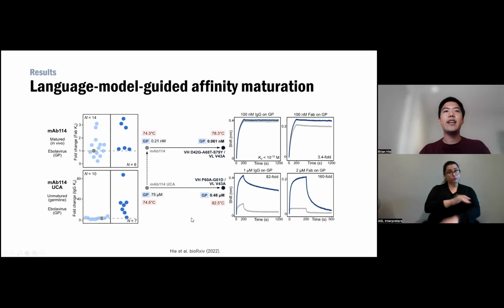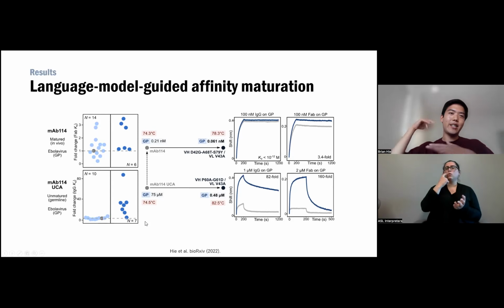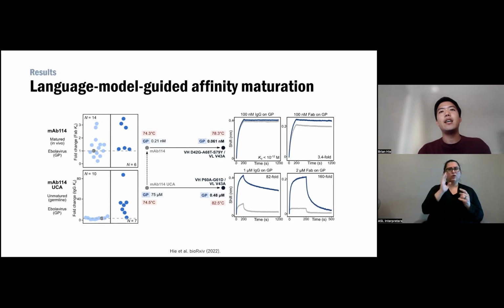For the UCA, some of the mutations in combination exhibit super synergy. And we think that is mostly mediated by this really stark improvement in thermostability from 74 to 82 degrees. And that results in up to 160-fold improvement in affinity against the protein.